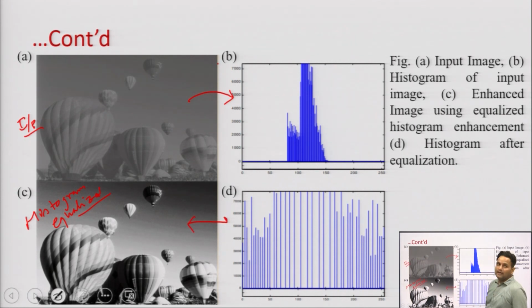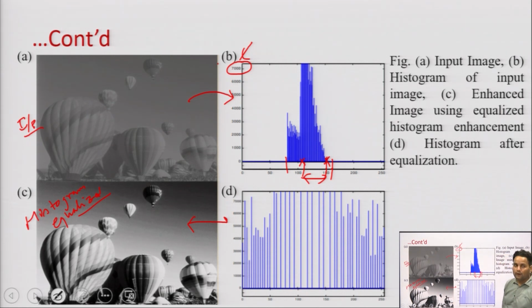How can we equalize the histogram? You may observe that most of the pixels, 7000 pixels, are holding values from 110 to 160. So, the 110 to 160 range has 7000 pixels.